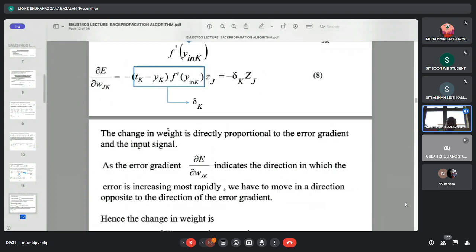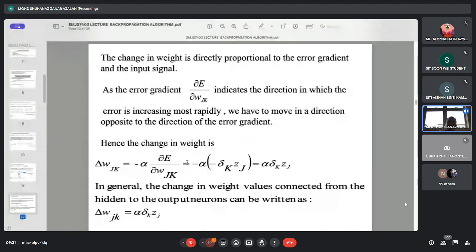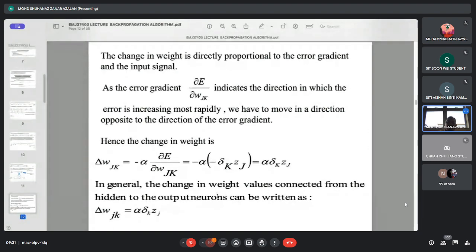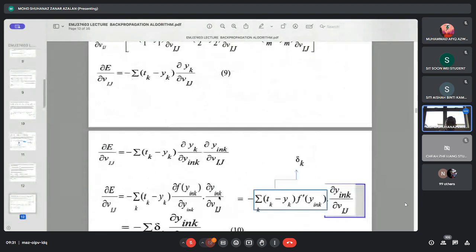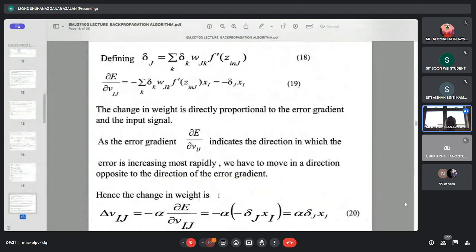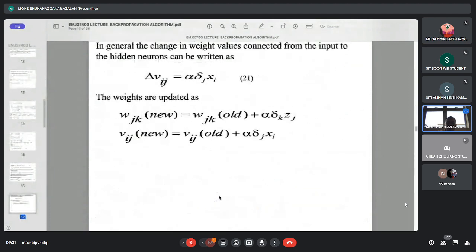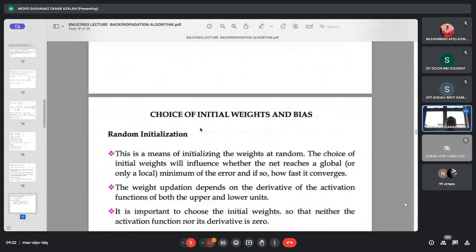This derivation shows how we get this equation for updating the weightage. So now we have the weightage update equation.